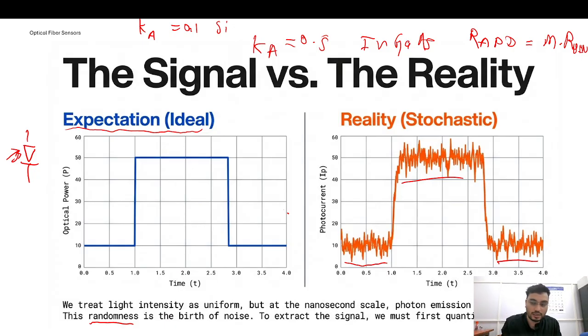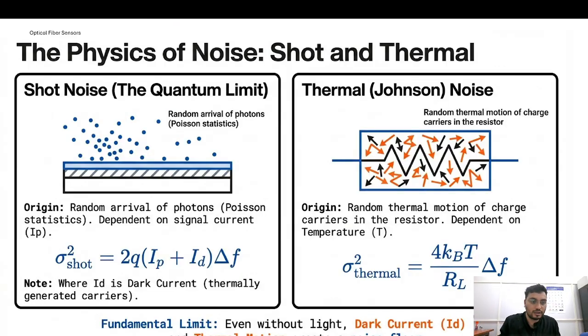And if the multiplicative gain is 100 or 1000, then you will get that much responsivity from the APD. But noise will also be associated with this. The noise will increase with the responsivity, but the response time will decrease. Okay, so what we'll discuss now is the noises.